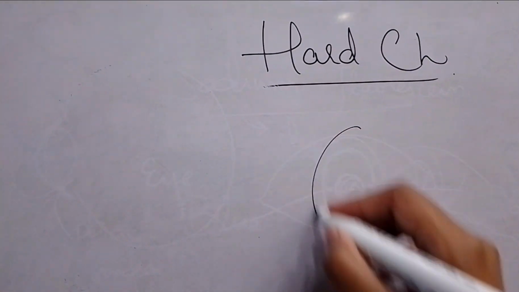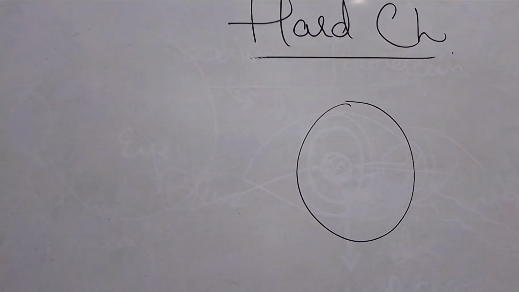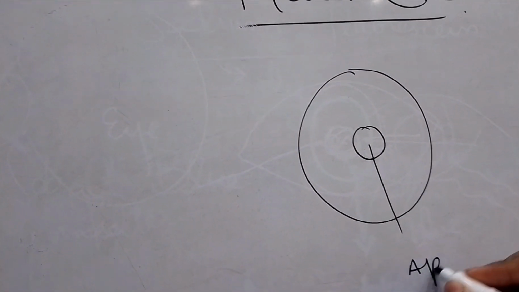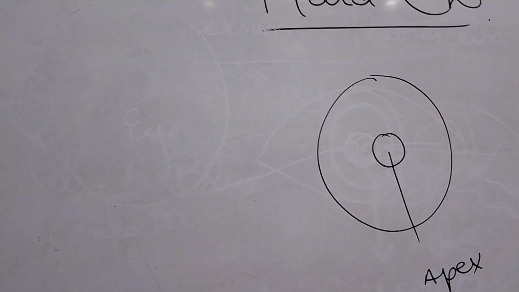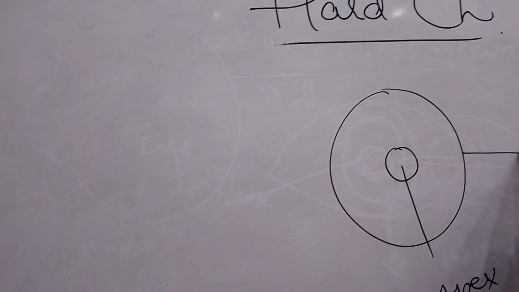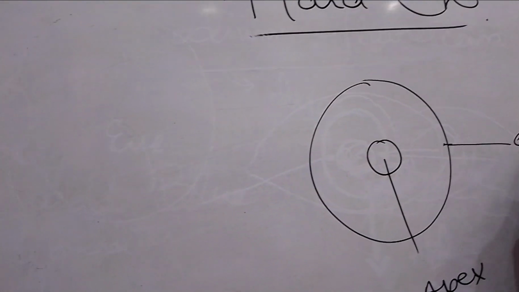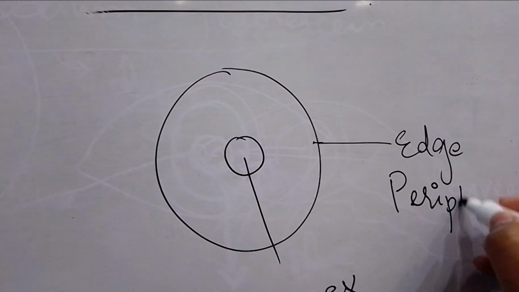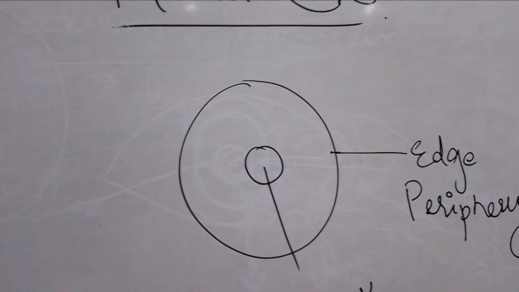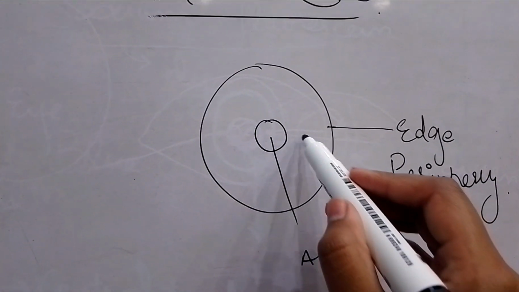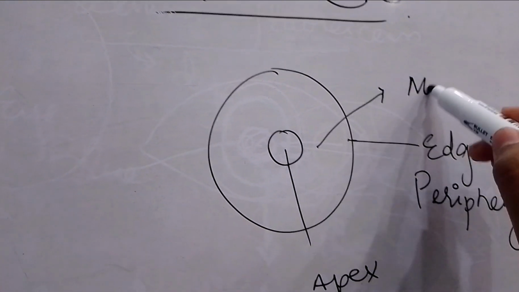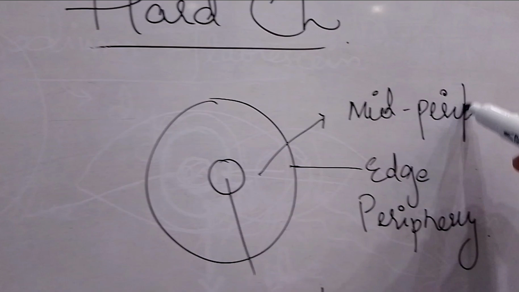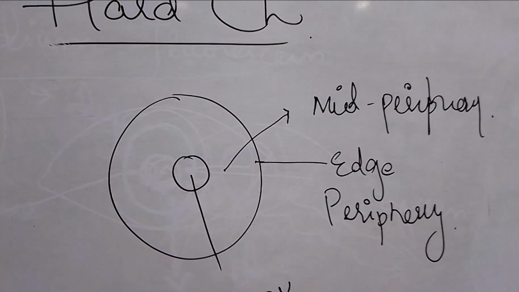So now I'm going to draw a surface of the cornea. This central region of the cornea is the apex, right? This region is the edge or periphery of the cornea, and over here this region is the mid periphery of the contact lens, right?